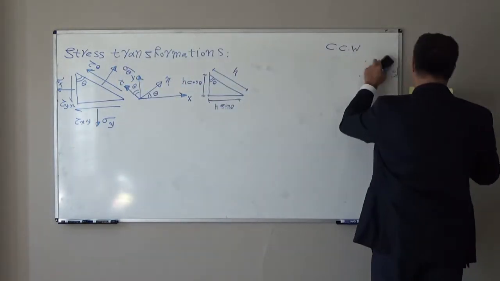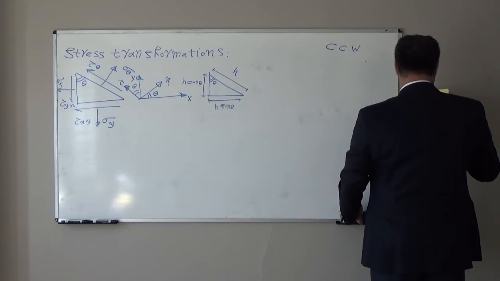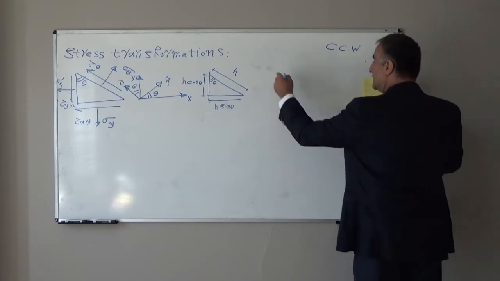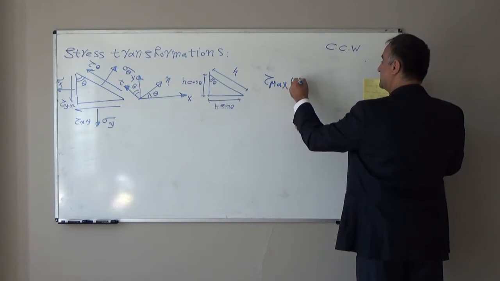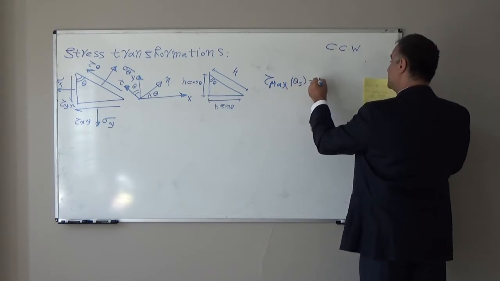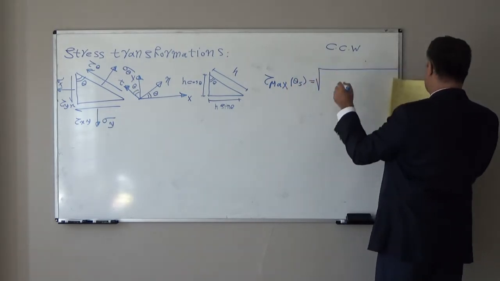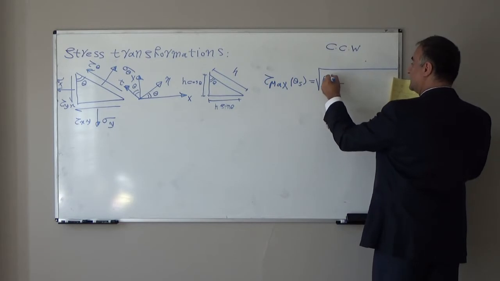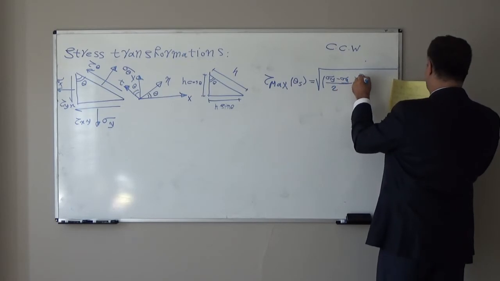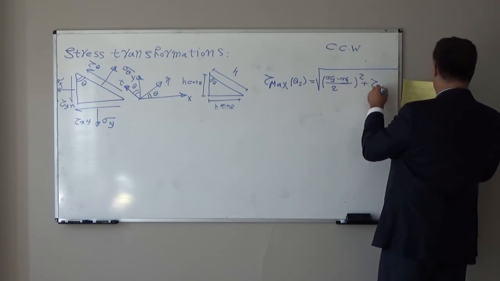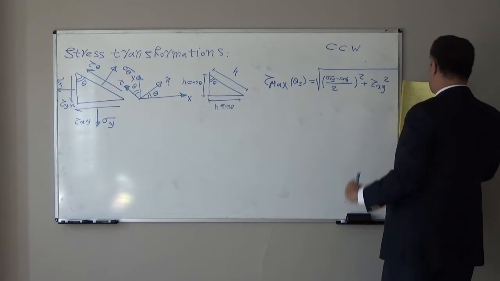You will end up with the maximum shear stress, tau s, equal to the square root of sigma y minus sigma x over 2 squared plus tau xy squared.